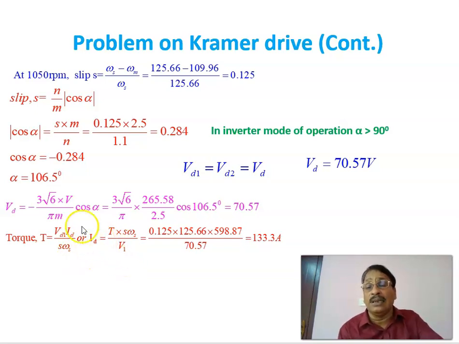Substituting in that equation, the only unknown is the current, and we get 133.3 amperes. That is the DC link current corresponding to this speed, or corresponding to this slip point. 0.125 is the slip corresponding to that.